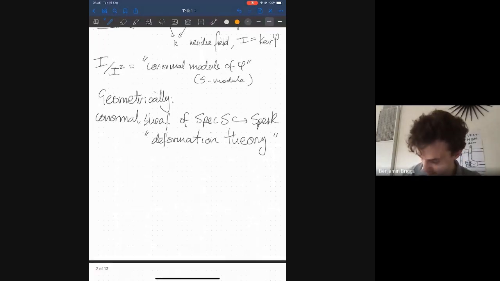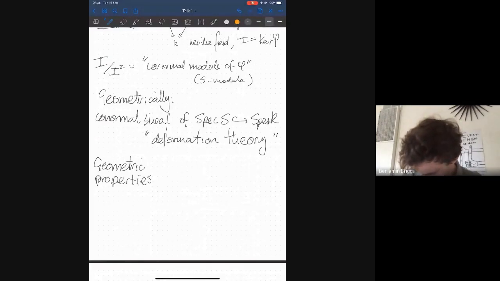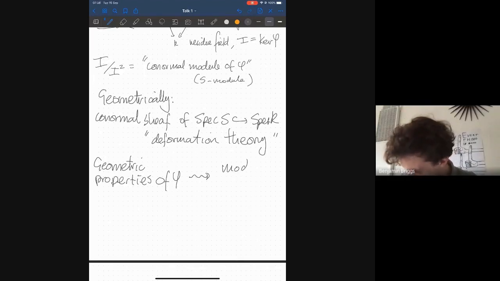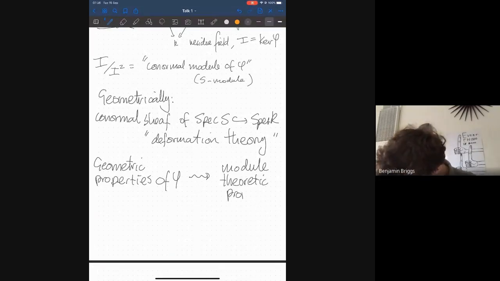So the idea is that geometric or algebraic properties of this homomorphism are going to give us module theoretic properties of the conormal module.